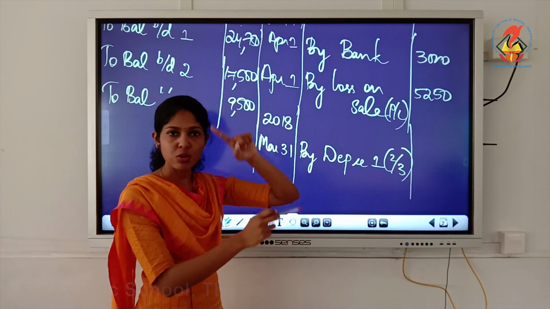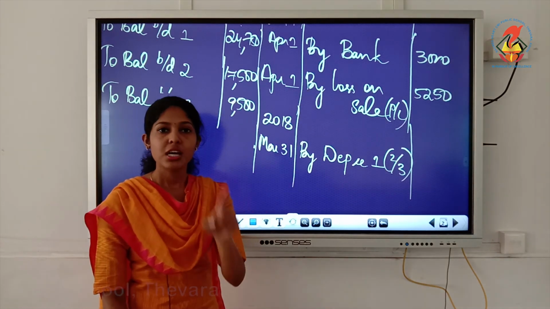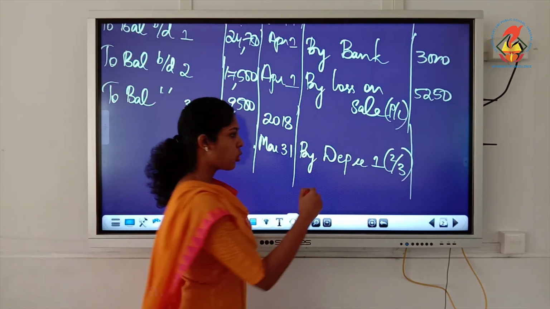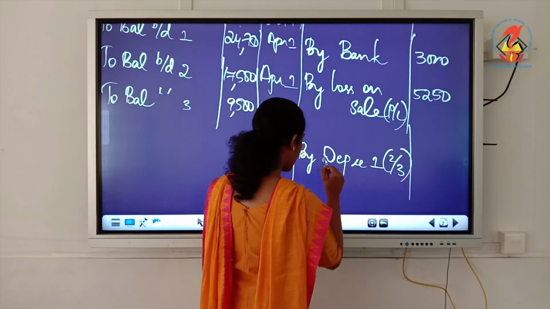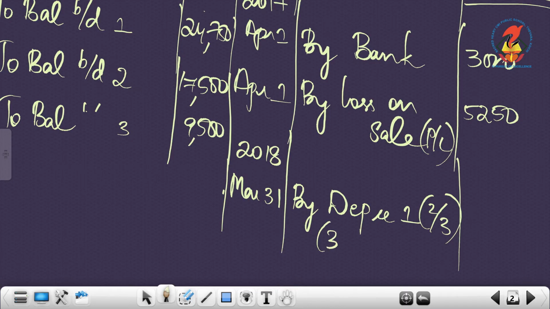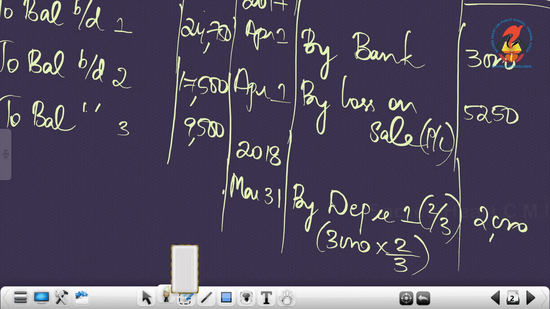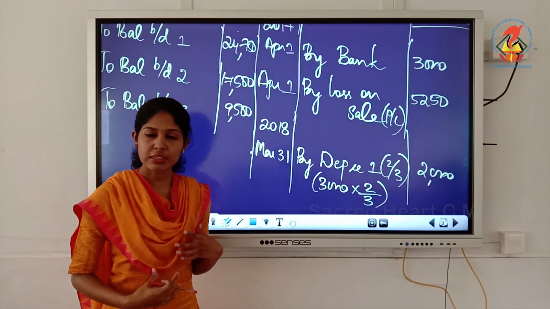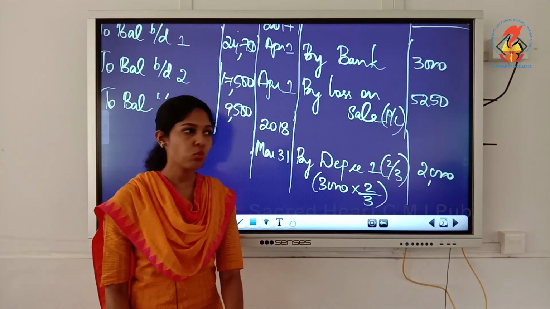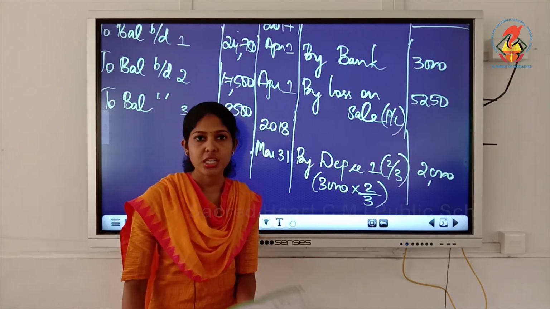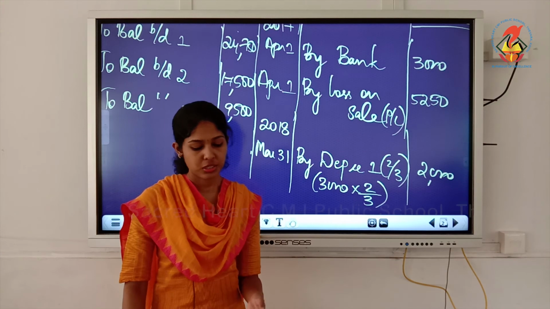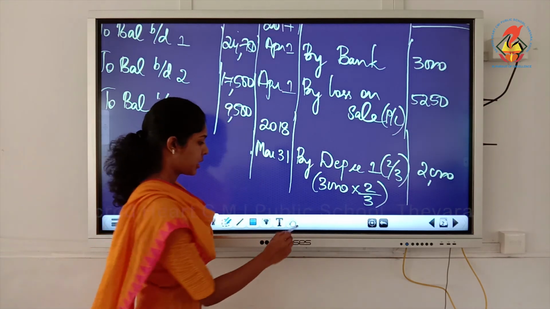In the second year, what is depreciation 1 figure? We have written 3,000, but don't write 3,000 fully, because we have only 2/3 of this. So only 2/3 we need to charge. That means only 2,000. Understood? So in third year, depreciation 1 will be there, but compute only 2/3. So that is 2,000.